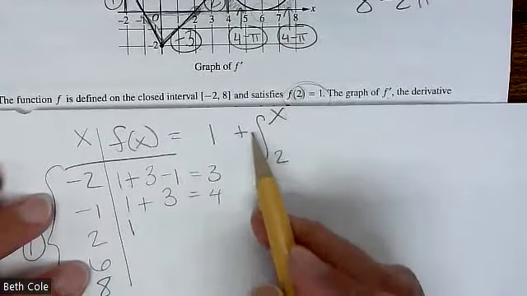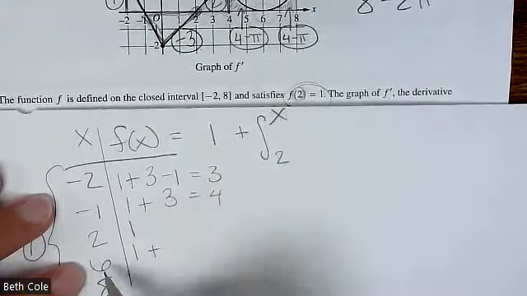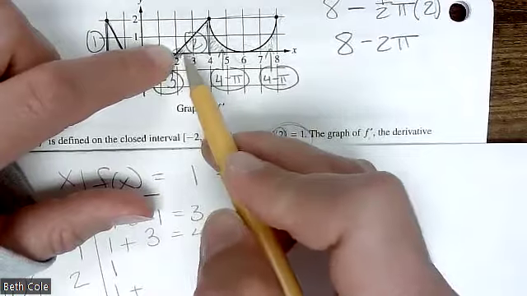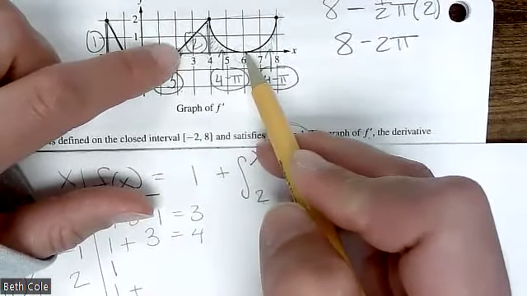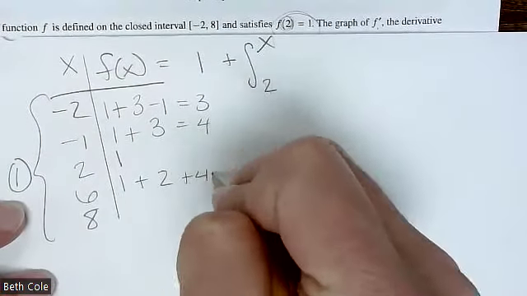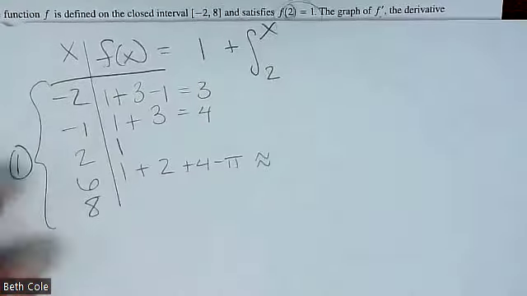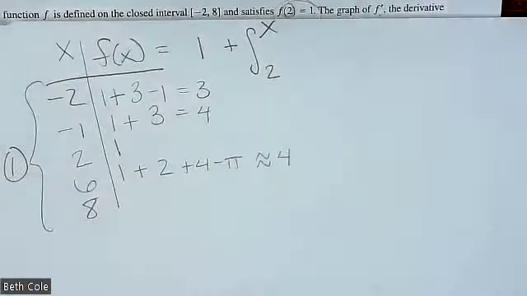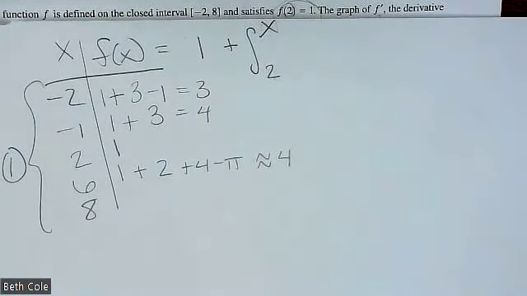Now this one, finally, we're going forwards. It's going to be 1 plus the integral from 2 to 6. So if we accumulate from 2 to 6, that's going to be 2 plus 4 minus pi. Now, I'm going to write approximately. We're going to pretend pi is 3, just to see approximately what that is. So 1 plus 2 plus 4 minus 3. It's close to 4, because you have to figure out about what that is.